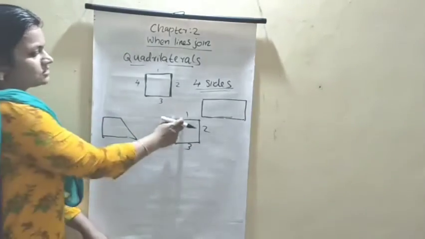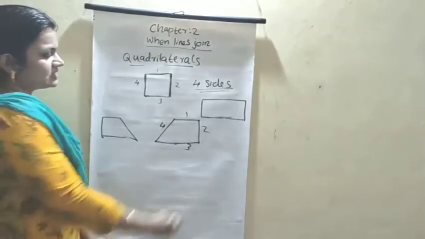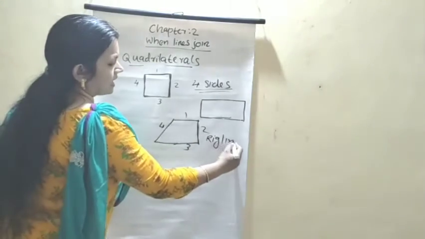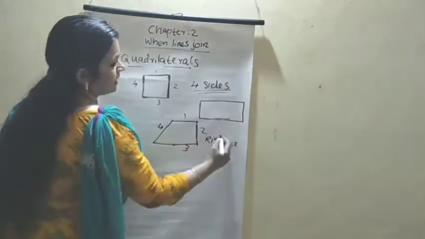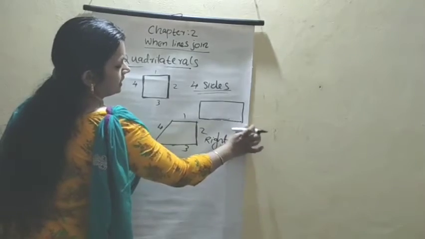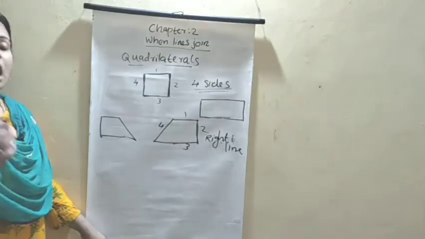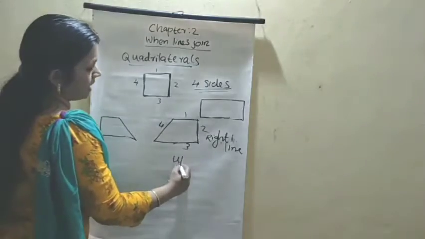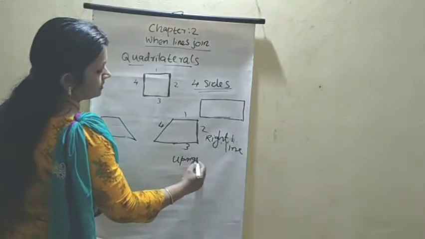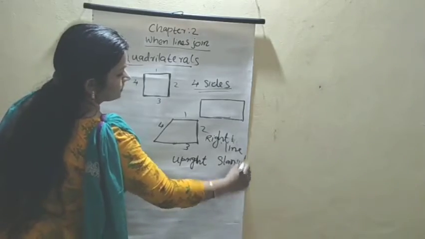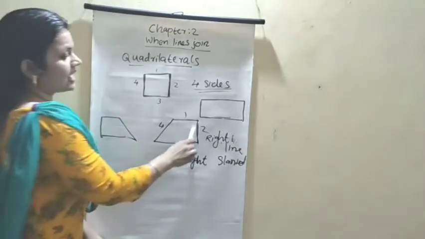Understood? This rectangle is also made with straight lines. See, this right side is what? Right line. What is a right line? Straight or upright. Upright means straight up. See, this is the right line.